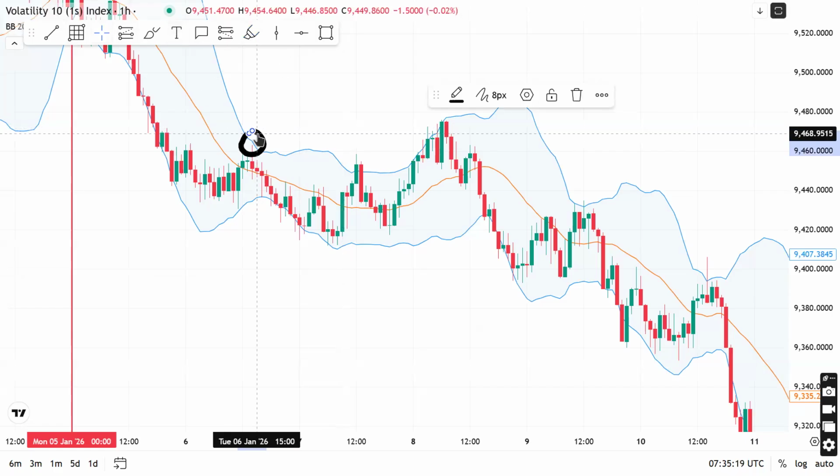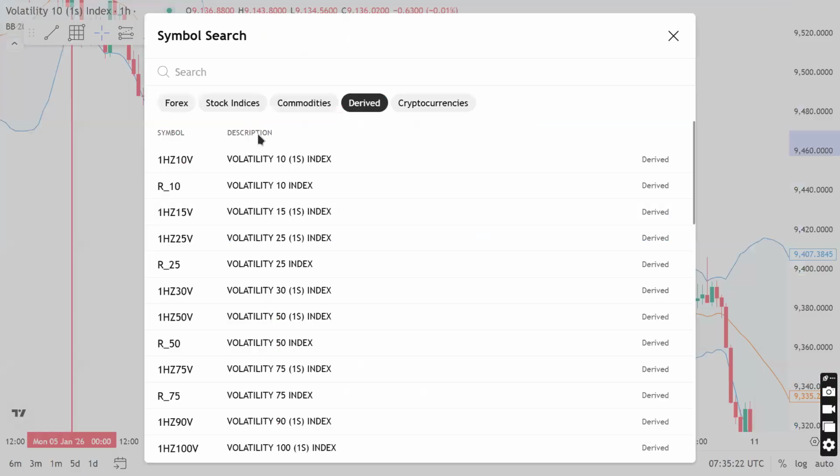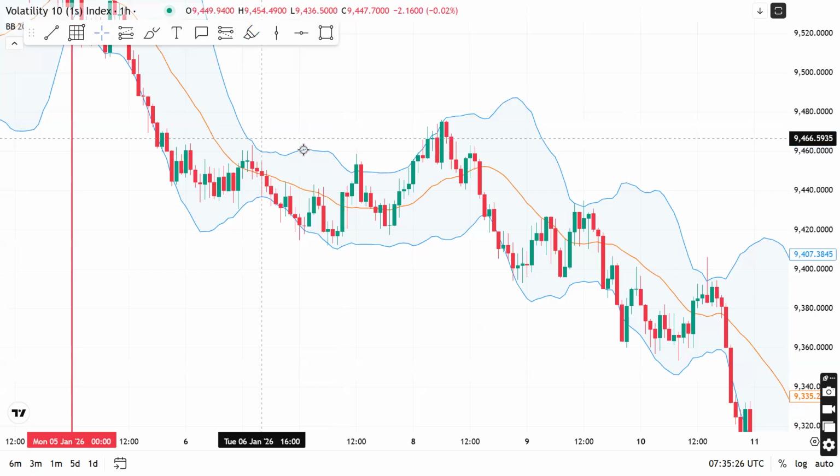And this is even more important because, yes, we are using multi-time frame to trade with the trend, but can our entry be so perfect in such a way that we might not experience drawdowns?